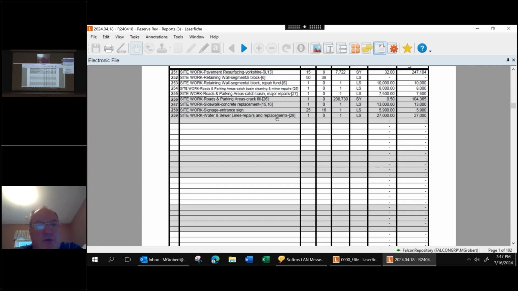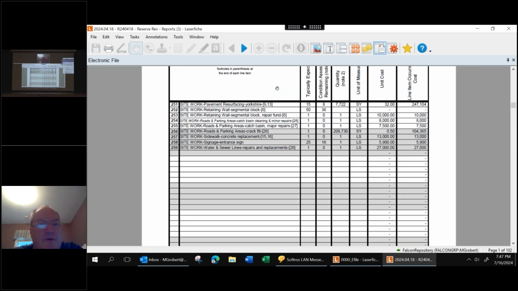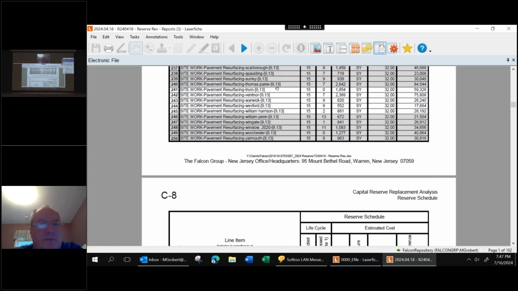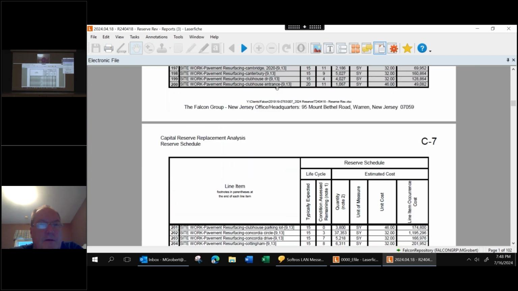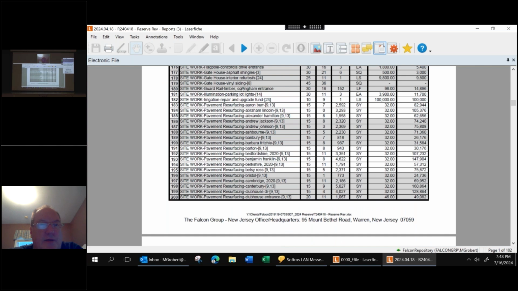Also, just so you all know, we also had to add catch basin cleaning and minor repairs to your reserve as part of the new legislation. We also had to add a line item for crack filling of your pavement, which is also part of that new legislation.